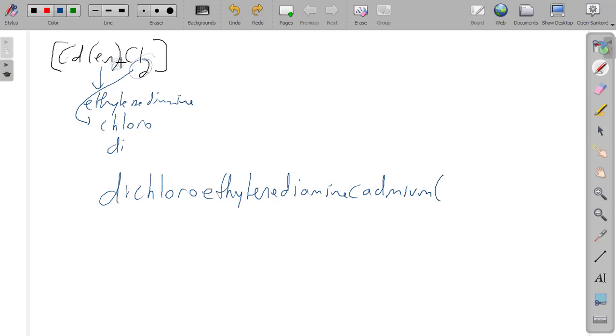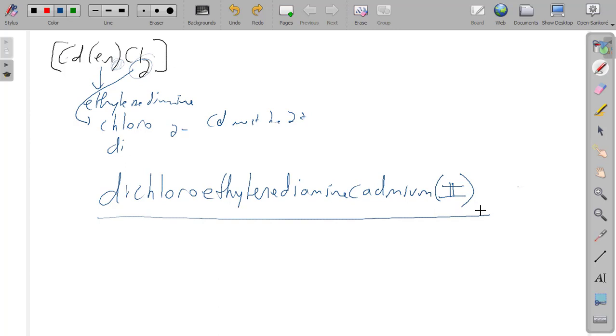So you have to work that through too. The En is neutral, and the Cl is 1 minus, and there's 2 of those. So that makes 2 minuses, which means the cadmium must be 2 plus. And so then we put Roman numeral 2 in parentheses there. And then there's no anion to put out there, so this is the name. Dichloroethylene diamine cadmium(II) is the way you would say that.